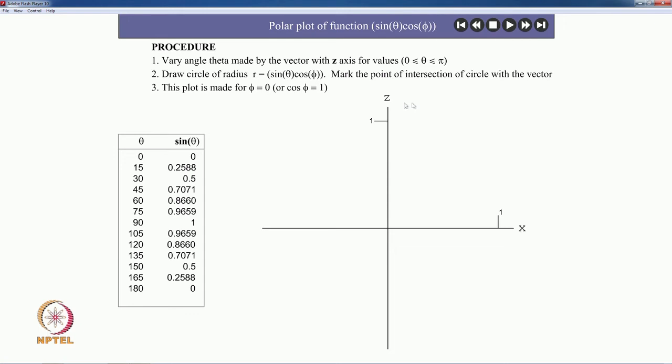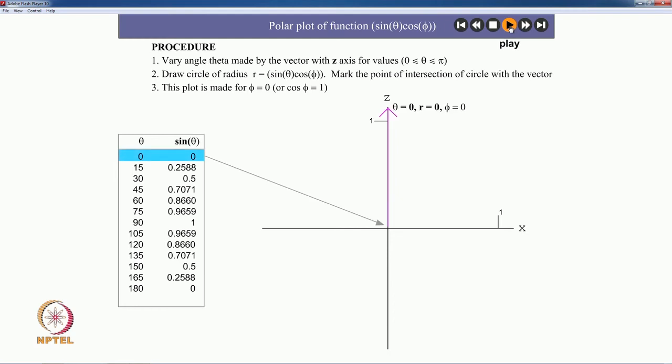So, let us first of all see sin theta plot. Okay. Cos phi, I have kept it as 1 by choosing phi equal to 0. So, this plot is along the x axis, and then this plot needs to be rotated. As you go for various values of phi, while rotating it for various values of phi, you must also multiply the sin theta plot by cos phi.